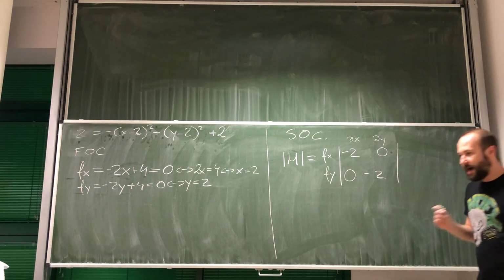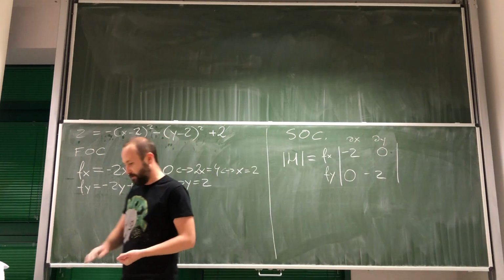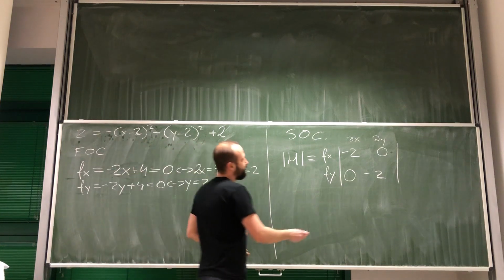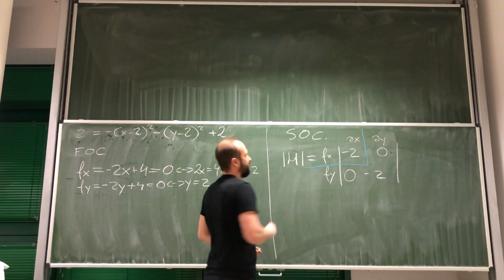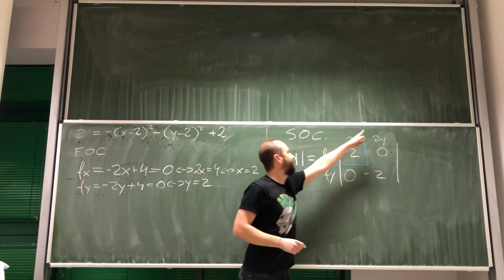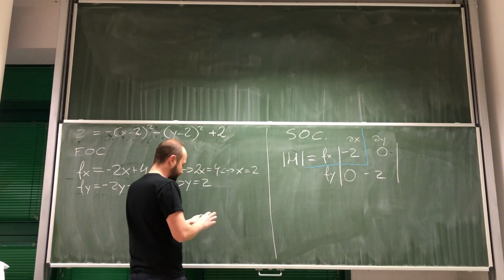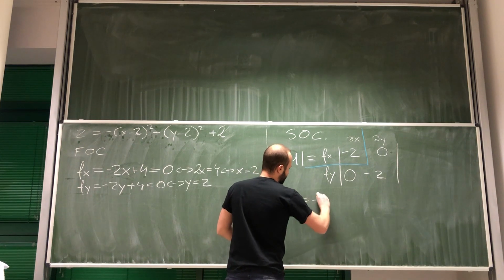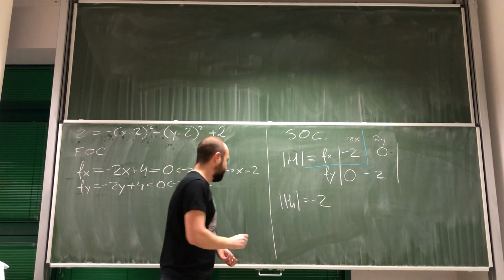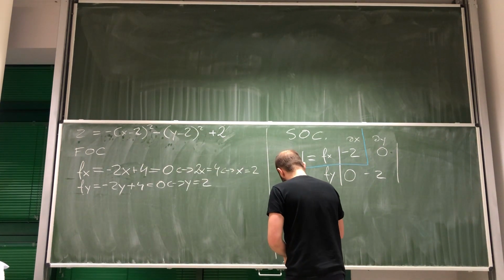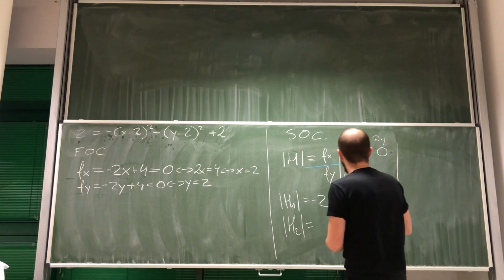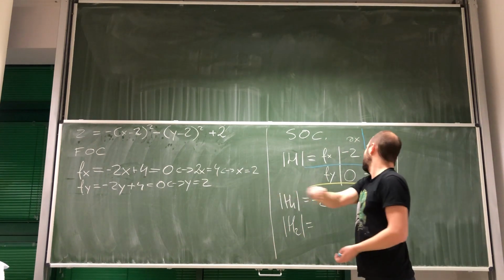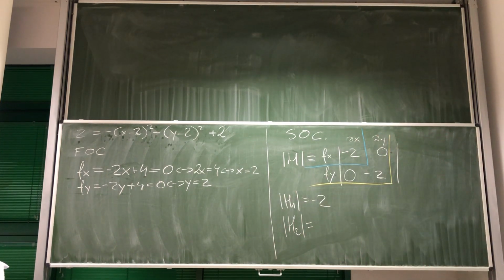Okay, so now we need to find the principal minors. The first principal minor, so when we cut out the first square, we're going to cut out here. So h1 is given by negative 2. h2, so the second principal minor, is the whole Hessian.